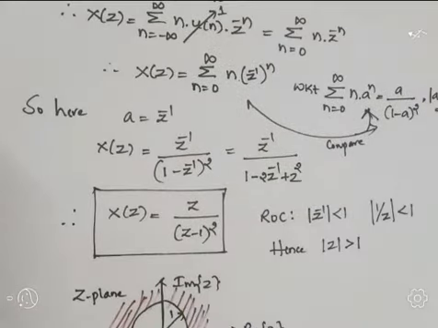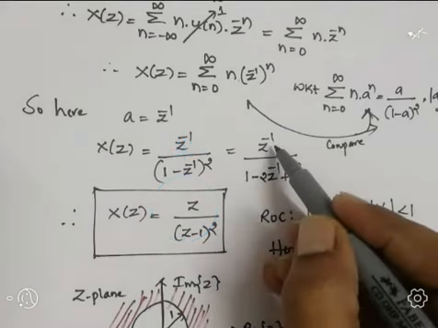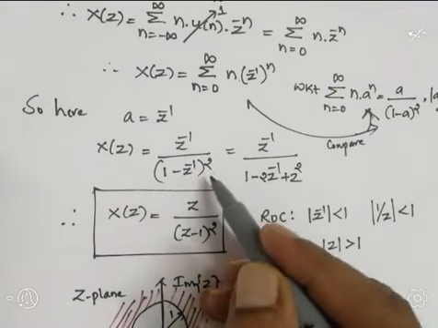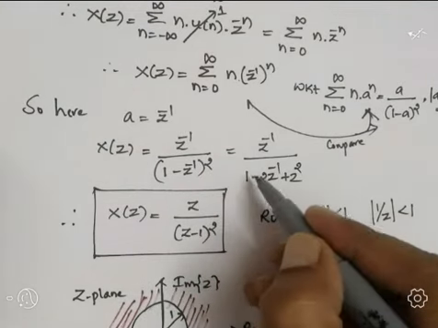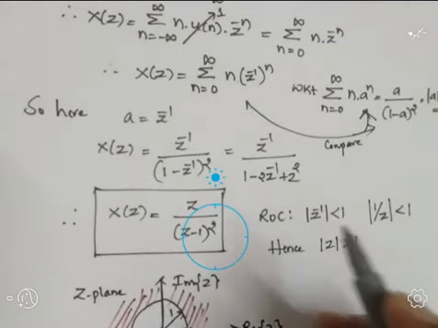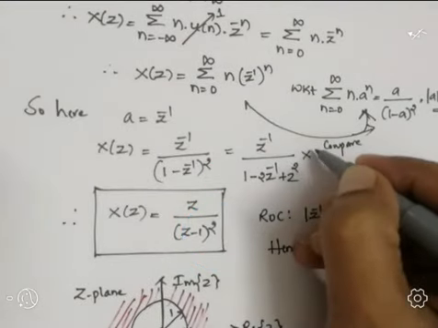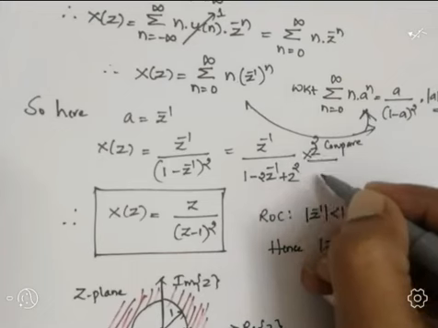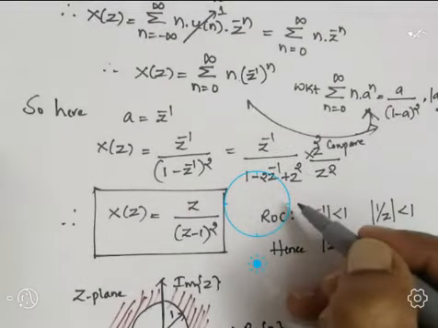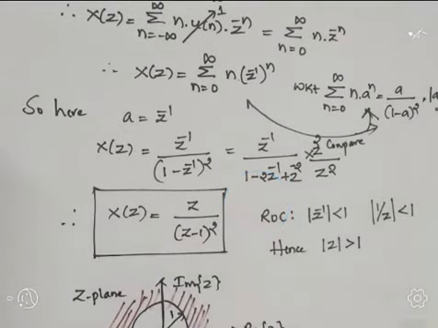Next step is simplification. Here z to the power minus 1 stays as the numerator. Coming to the denominator, the formula a minus b whole square is a square minus 2ab plus b square. I am going to multiply the numerator and denominator by z square, because the highest power term is minus 2.